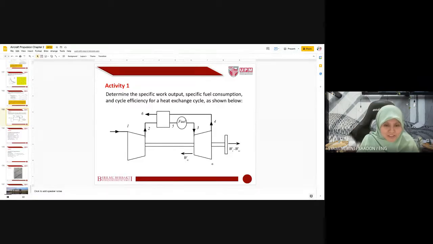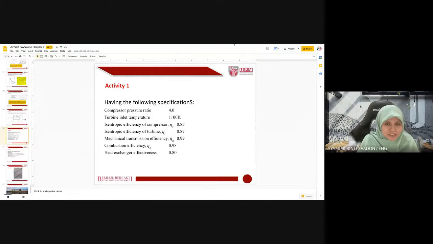From this simple gas turbine cycle, we have to evaluate the performance in terms of specific work output, specific fuel consumption, and cycle efficiency. With the following specifications, we have the compressor pressure ratio, TIT, turbine temperature, compressor efficiency, turbine efficiency, mechanical efficiency 0.99, combustion efficiency, the burner loss 0.98, and the heat exchanger effectiveness.